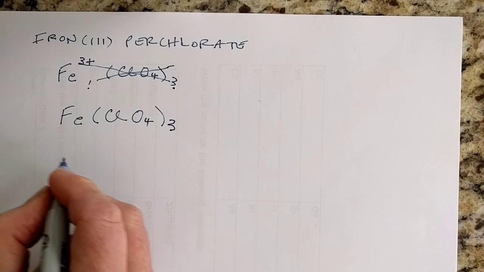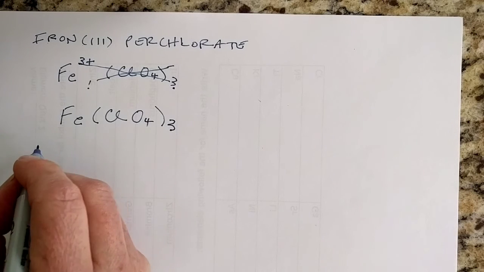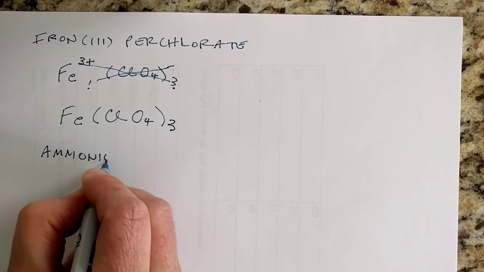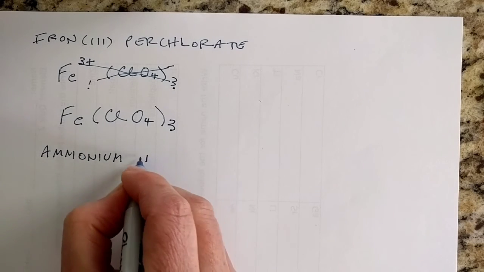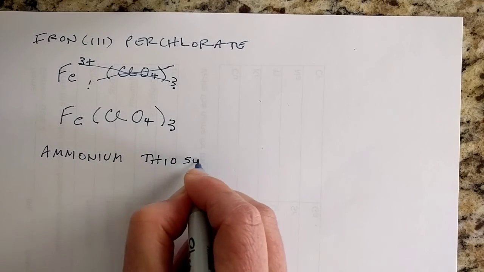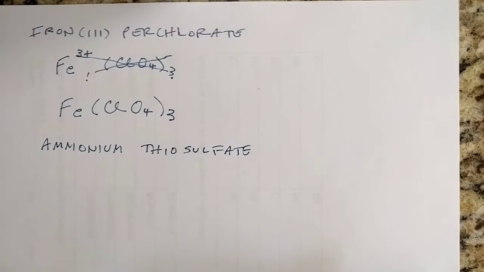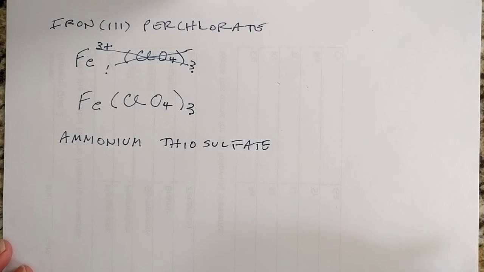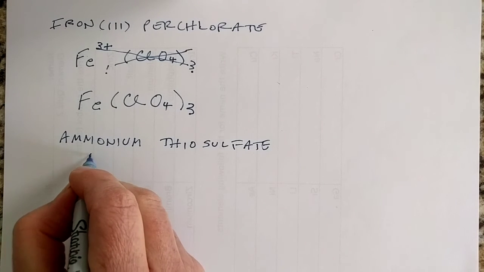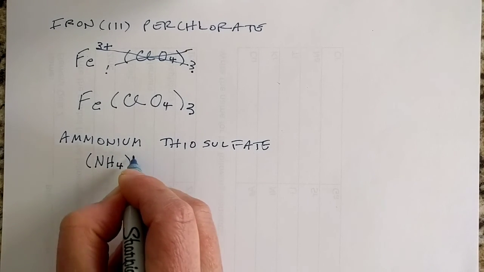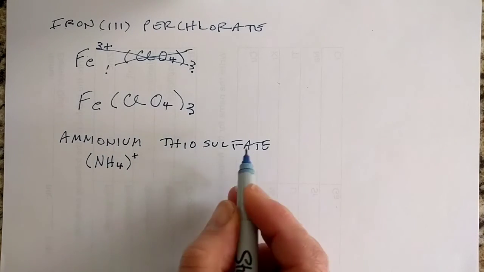Okay, let's do another one, maybe our last one. We'll do ammonium thiosulfate. Okay, so now we have 2 polyatomic ions. That doesn't matter, we'll just follow the steps. So ammonium from our chart is NH4 with a +1 charge.